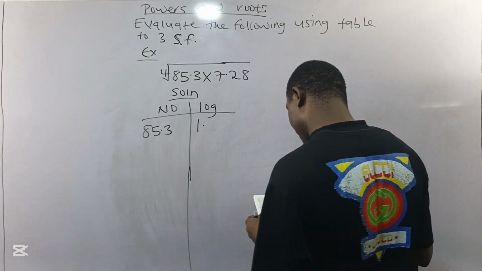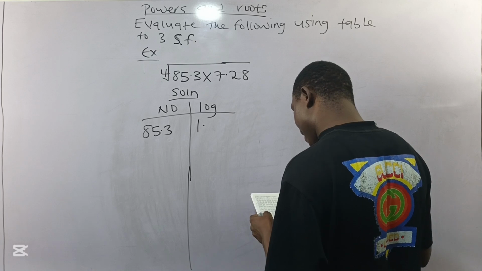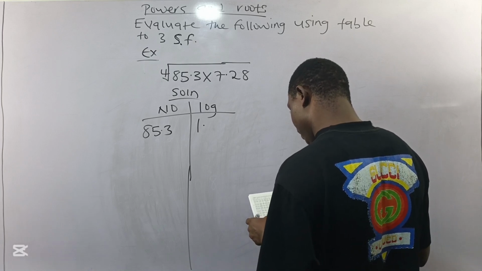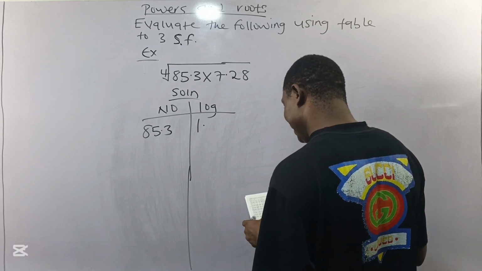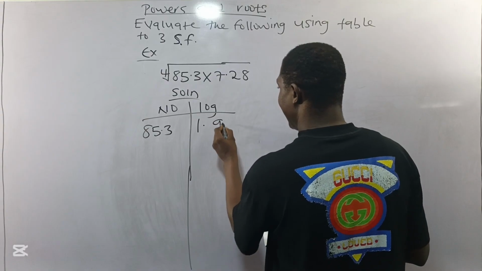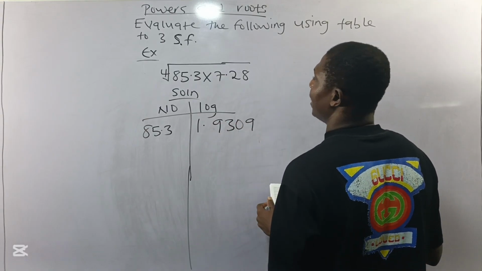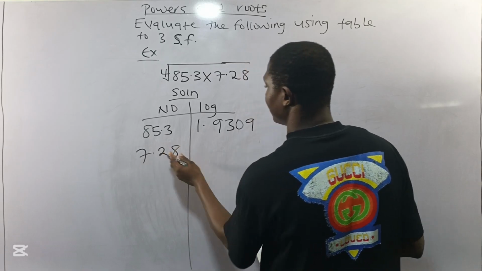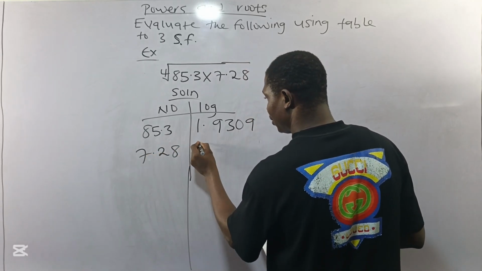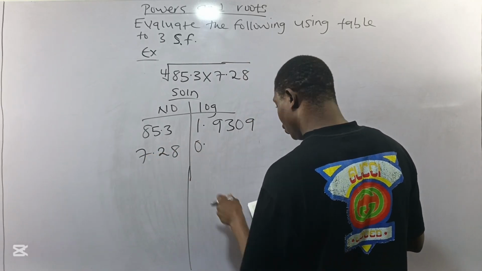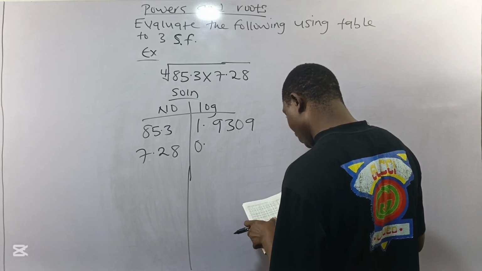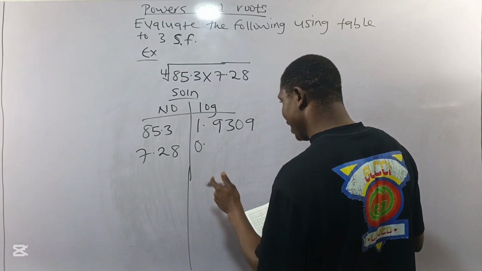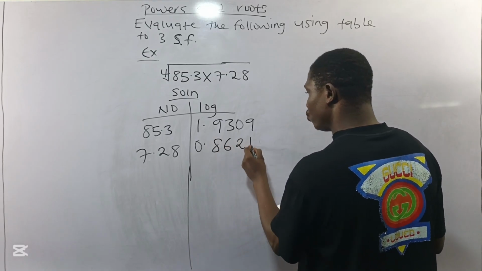85 under 3 is 9309. And we do the same for 7.28. 1 digit minus 1 digit is 0. 72 under 8 is 8621.